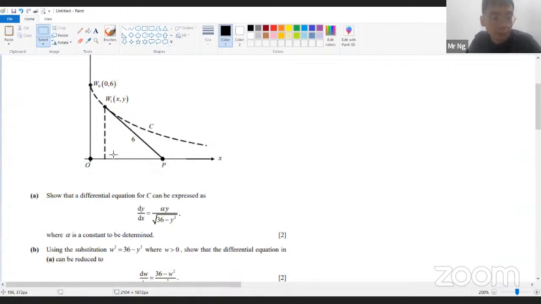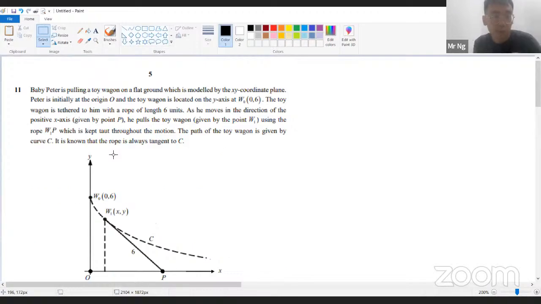Okay, then we're going to show that the differential equation can be expressed. Initially at the origin, then the toy is tied to him with a rope.